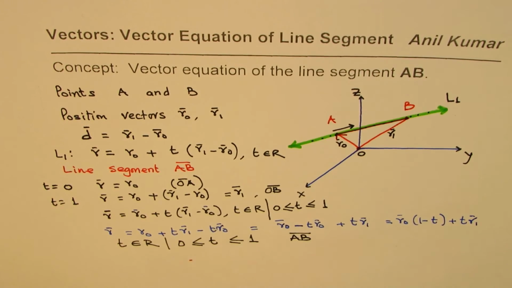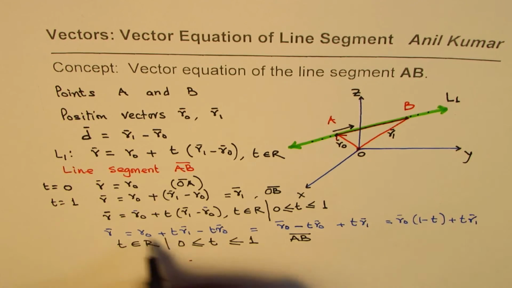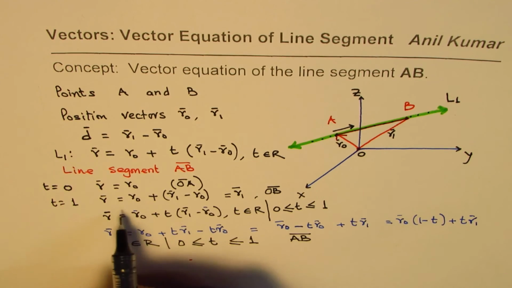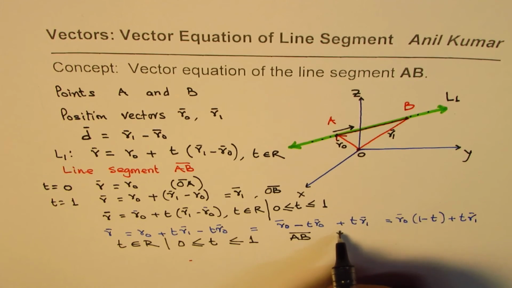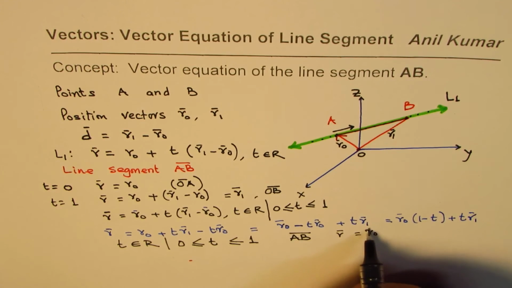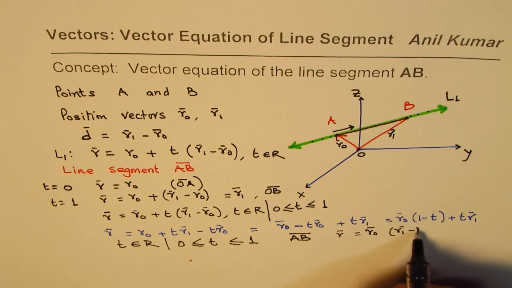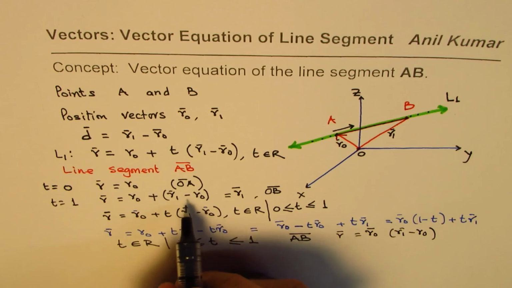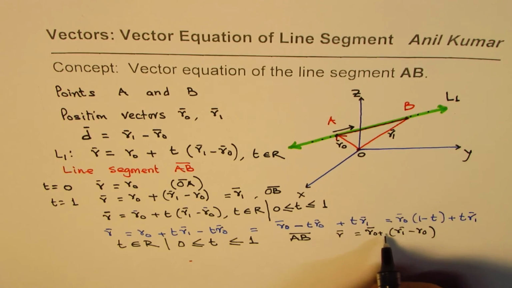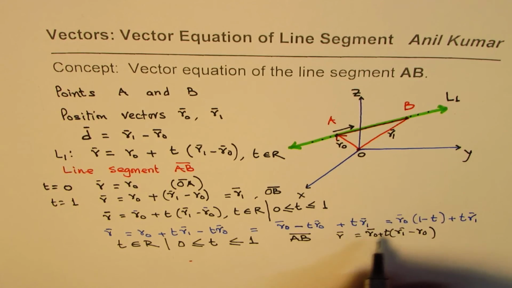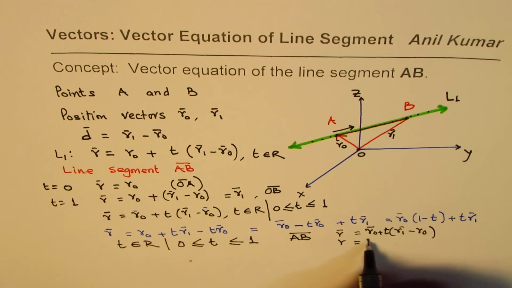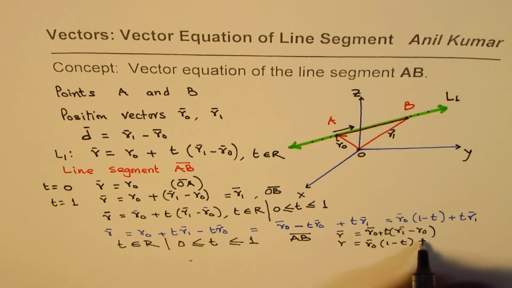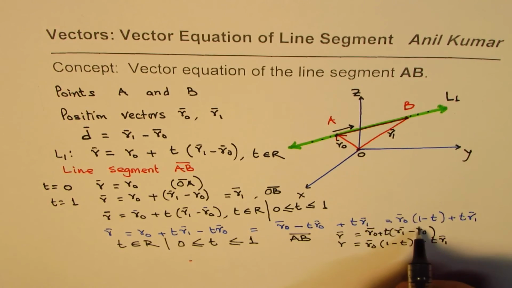So let me write down the equation as either of these two forms, that is r equals r0 plus r1 minus r0 times t, or we could write this as r equals r0 times 1 minus t plus t r1, correct?